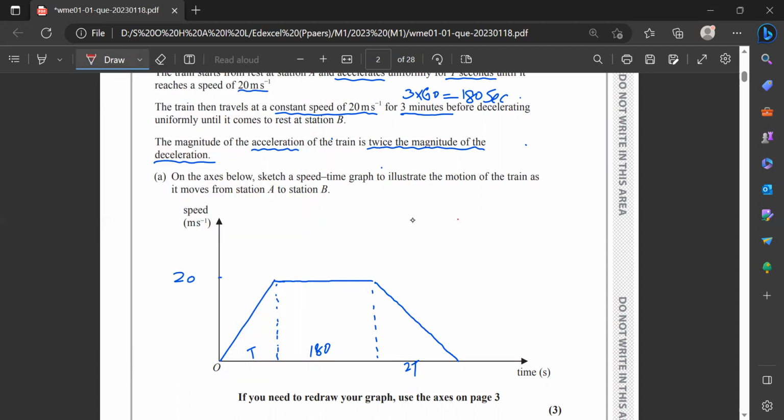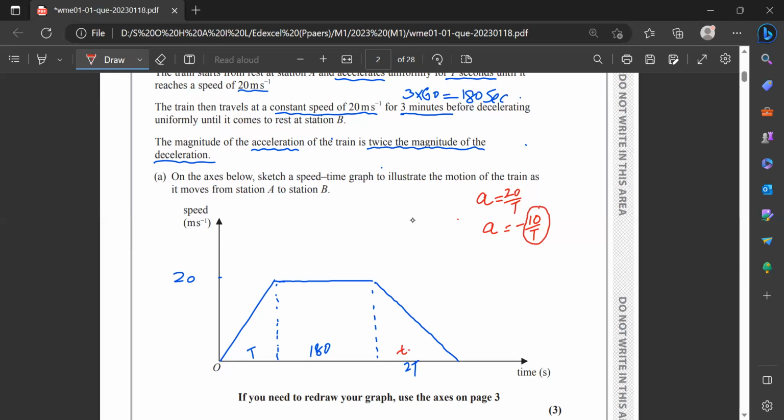This justification is something like this. If the acceleration is a, then for the speed time graph it is rise over run. So 20 over t is the acceleration. If 20 over t is the acceleration, then the deceleration would be half of this, so minus 10 over t. The magnitude is 10 over t, and the deceleration is negative.